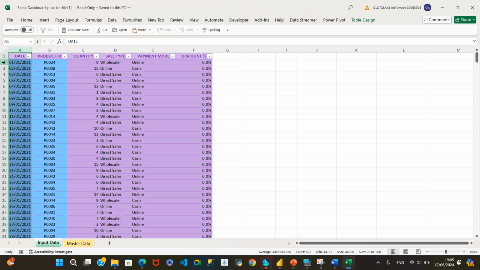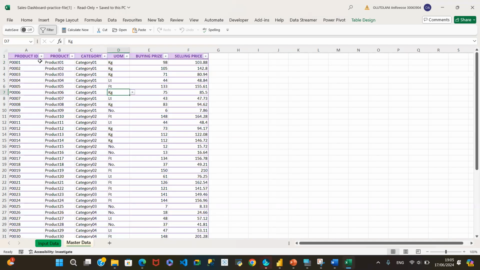So I've got a date recording that a product with this product ID was sold, as much as 9 quantities were bought through a wholesaler. We can see the sales type is through a wholesaler, the payment was made online, and a discount was applied to it. So that's information I can get from this input data table.